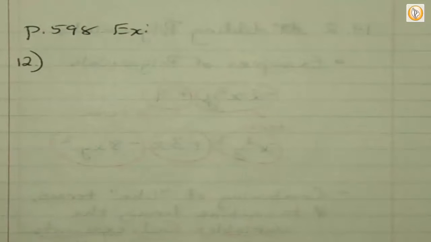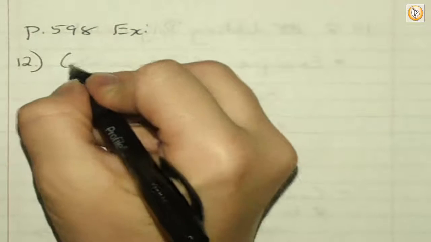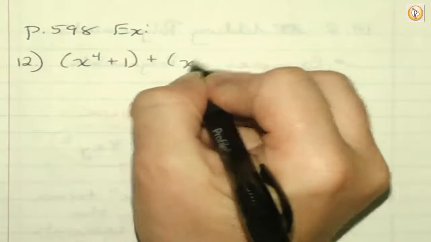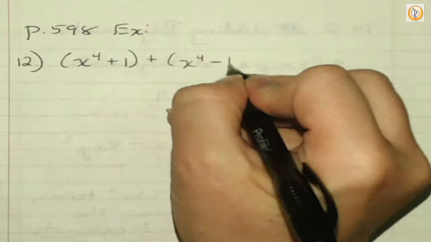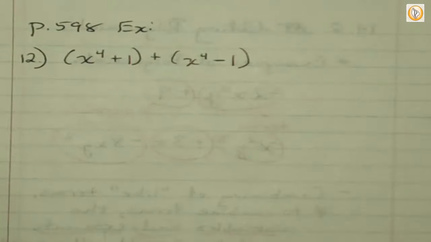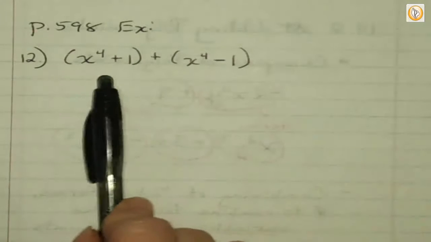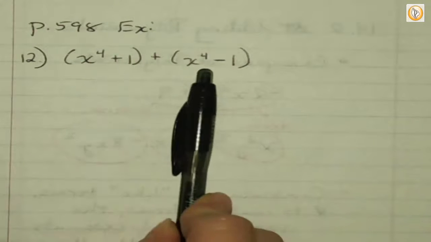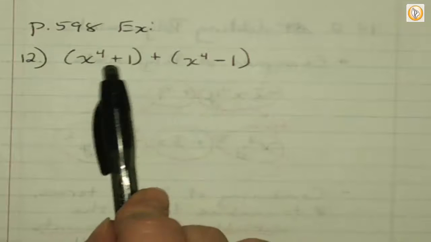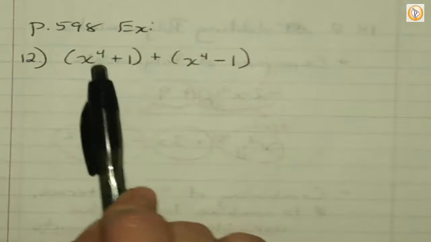If you notice, everything's in parentheses. X to the 4th power plus 1 plus x to the 4th power minus 1. In this case, you look, is there anything I can combine in each of these parentheses? Aiden, can I combine anything in here?